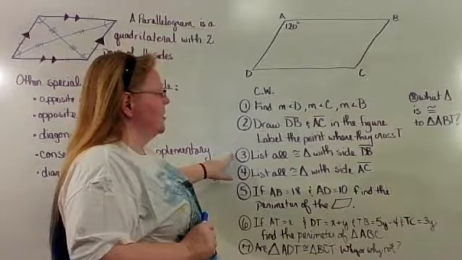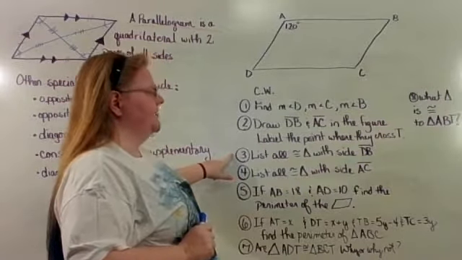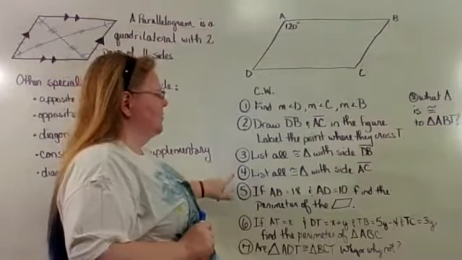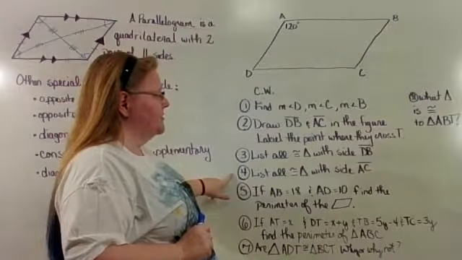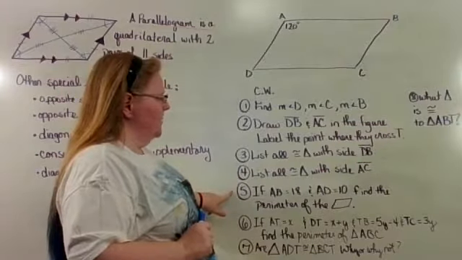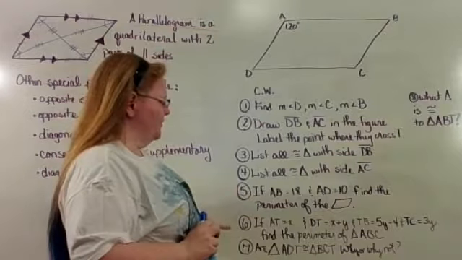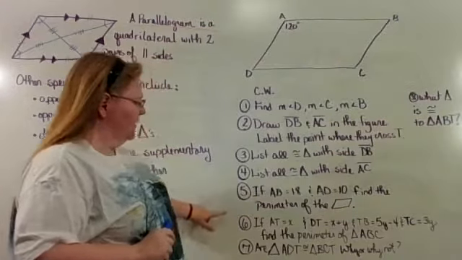3 says to list all congruent triangles that have side DB. 4 says to list all congruent triangles that have side AC. If AB equals 18 and AD equals 10, find the perimeter of the parallelogram.